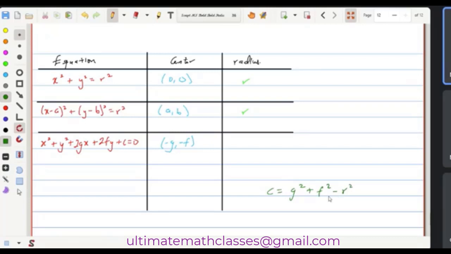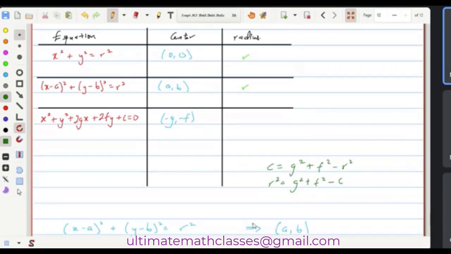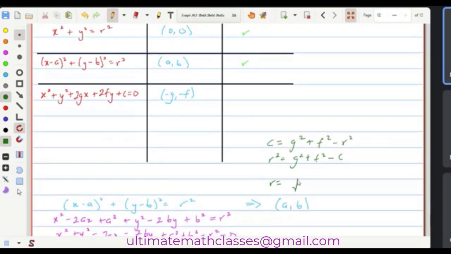So let's find r, so that we put something for the radius. Finding r is taking this to the side, taking this to the other side, giving r squared equals g squared plus f squared minus c, where r is equal to the square root of g squared plus f squared minus c.